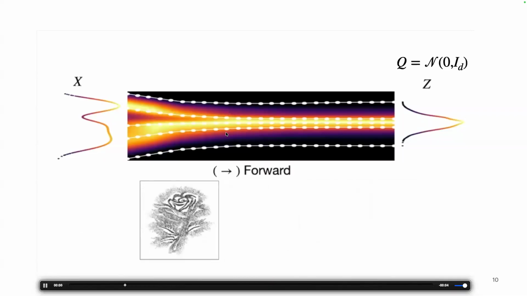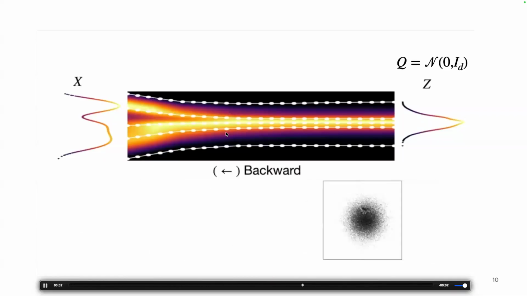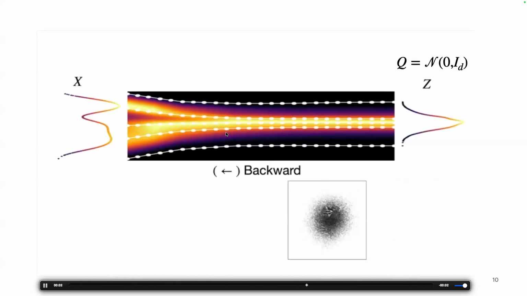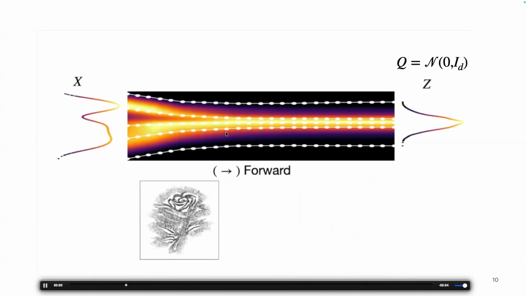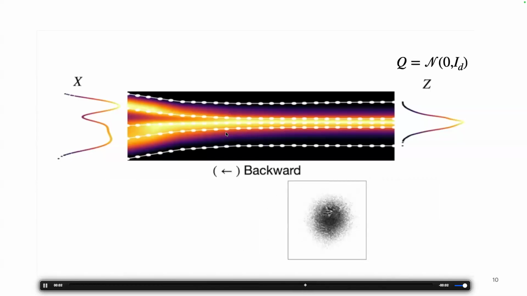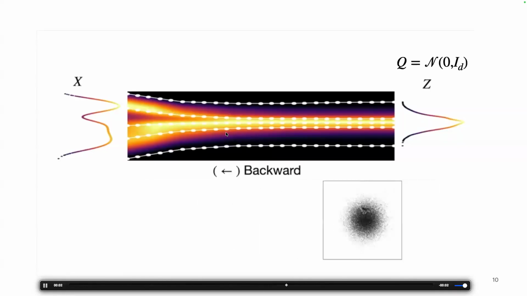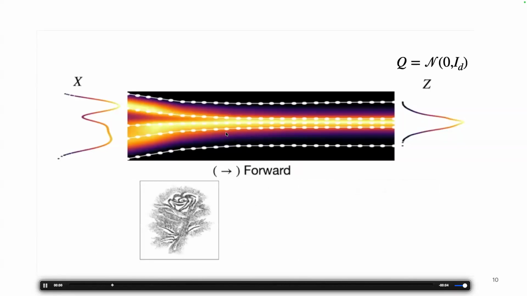In most generative models, the target is Gaussian. You can see the roses become this Gaussian, but you can also go back. In generative models, you want to go back, because once I learn how to convert the roses into noise, then I can take the data in the noise domain and convert it back to the data, so I can have the generation capacity.